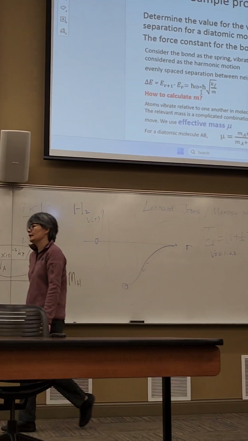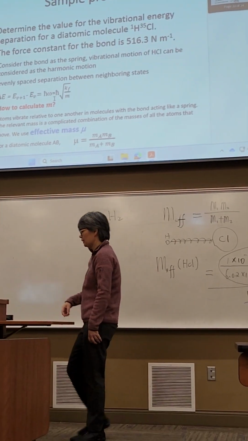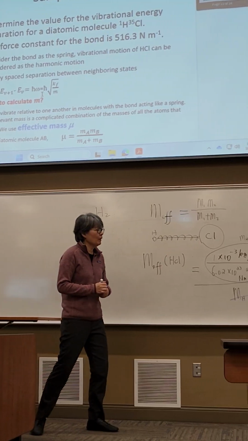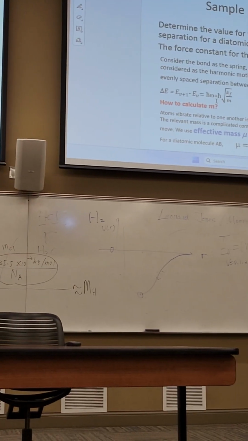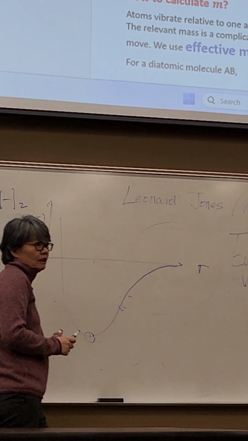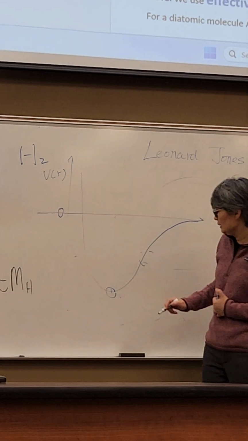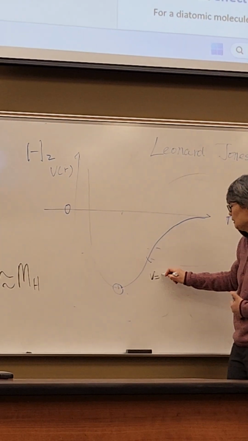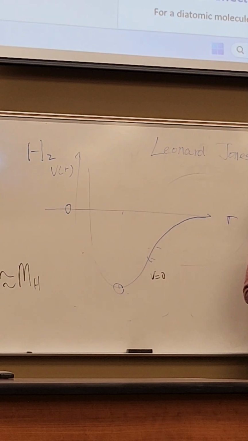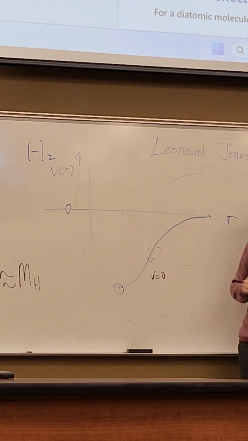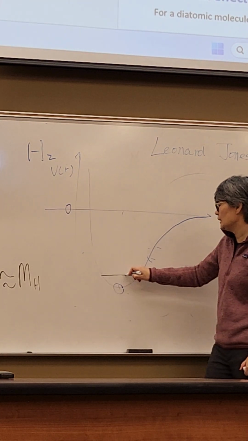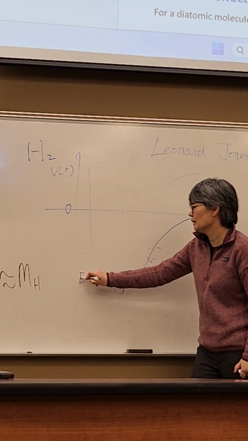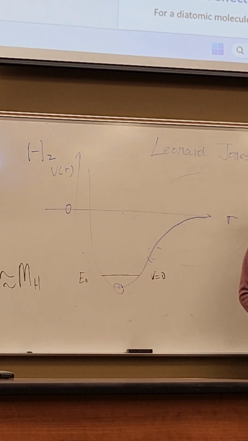Let's say this is the potential energy curve. If I want to draw the energy for the harmonic oscillator, represented by the vibrational quantum number, isn't this E sub 0 sitting in the potential well?